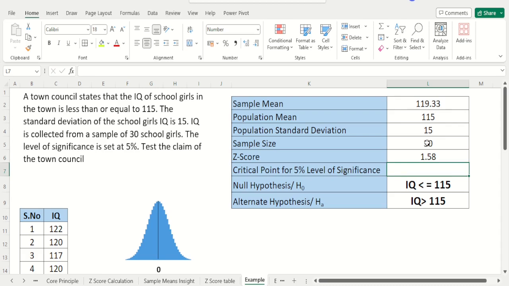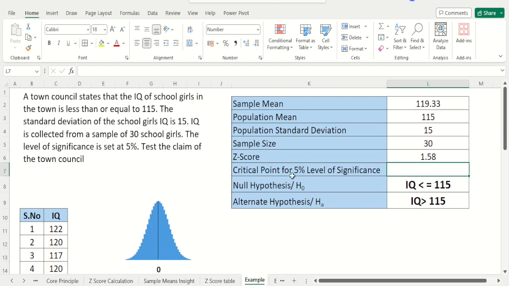Now what we have to find is, is this z-score so extreme that it falls beyond the critical point? In other words, does it fall in the region of rejection, or does it fall in the region of non-rejection? So just for visualization purposes, we'll also make a line on this diagram so that we can represent it.